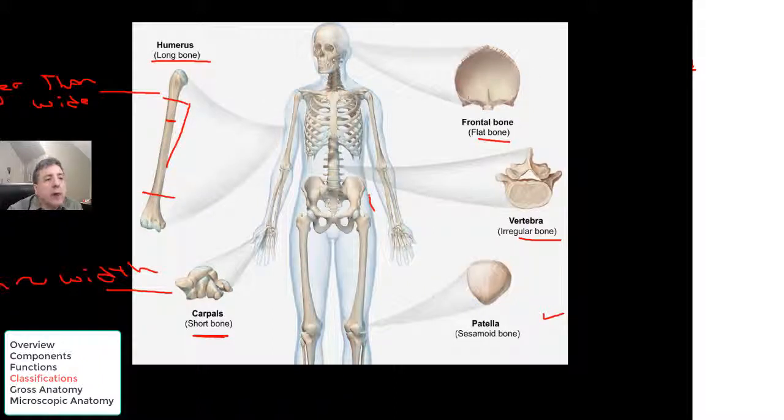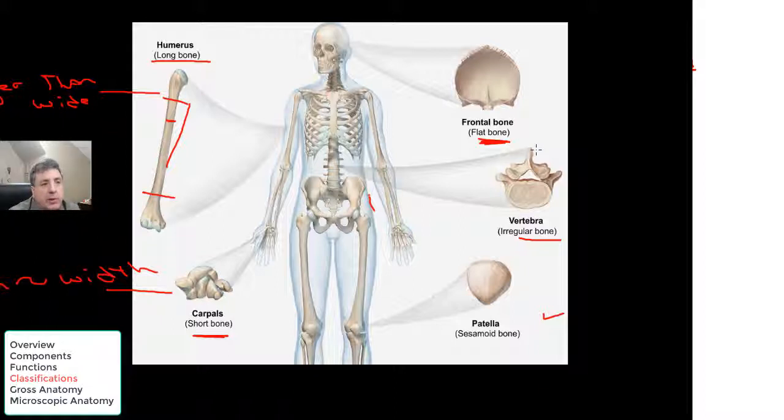The next one is flat bones, which have a thin, flat surface. The primary function of a flat bone is protective in nature. You're going to see those types of bones in the skull and so forth. It has a greater surface area that allows for additional attachments to muscles.